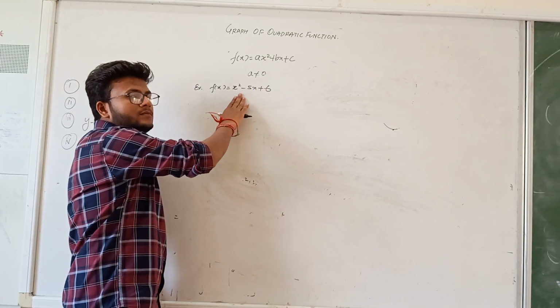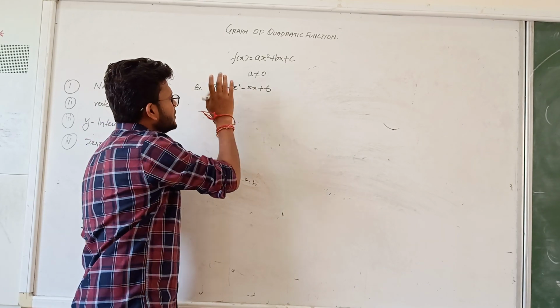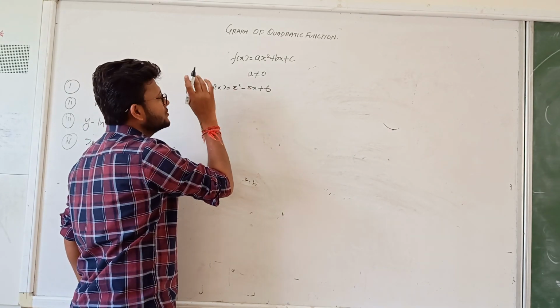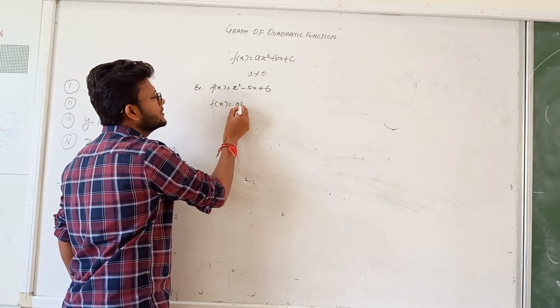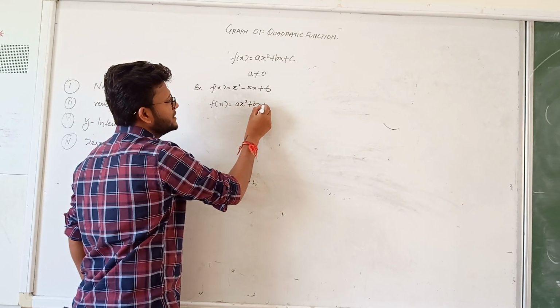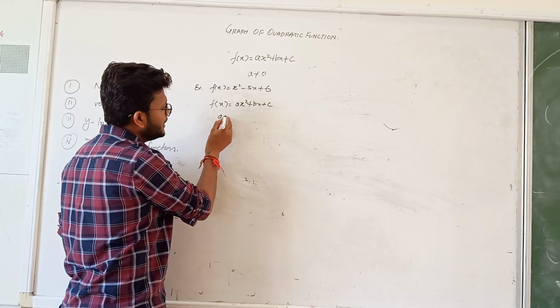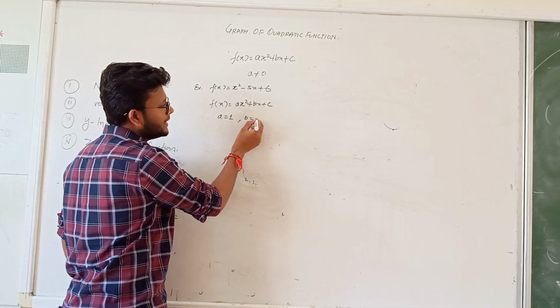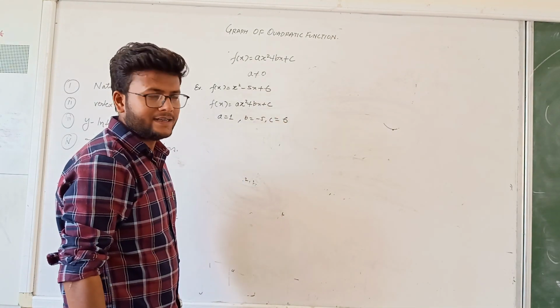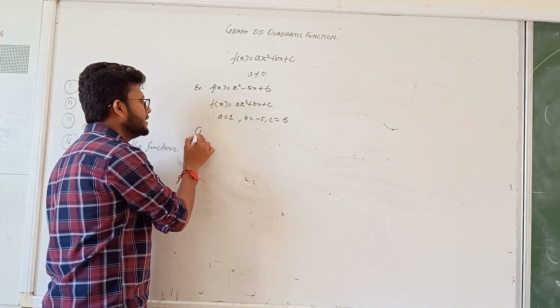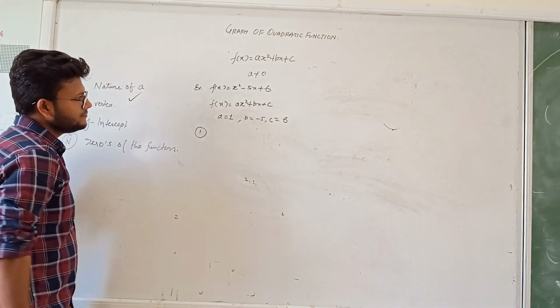This is a quadratic polynomial function, as its degree is 2. On comparing it with the standard quadratic function ax² + bx + c, we get a = 1, b = -5 and c = 6.